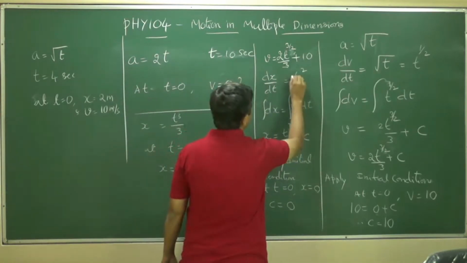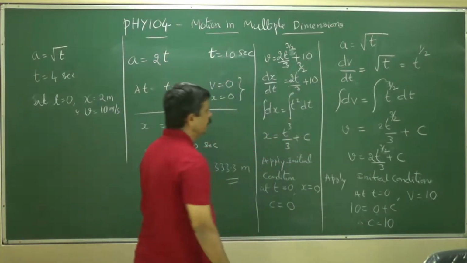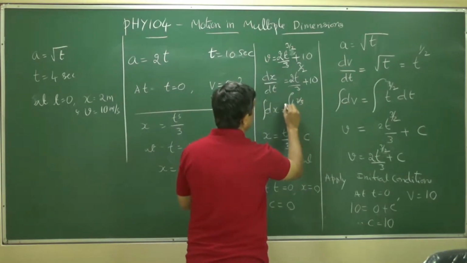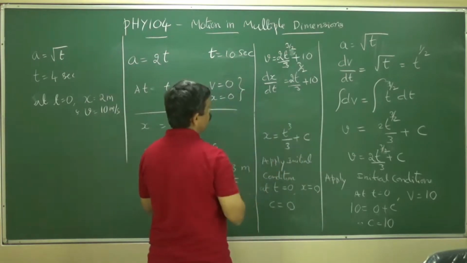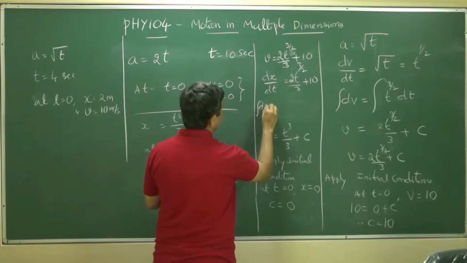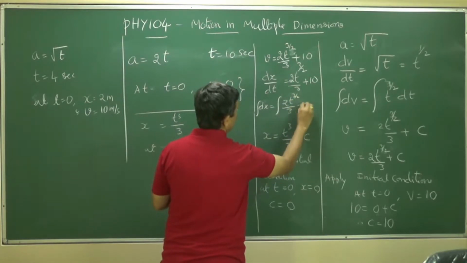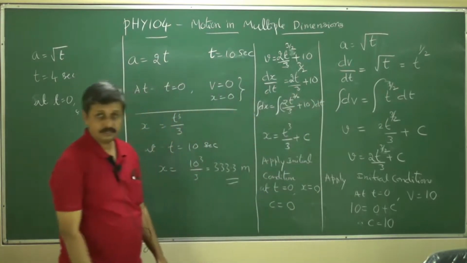Integral of dx is equal to integral of 2t to the power of 3 by 2 by 3 plus 10, whole dt.